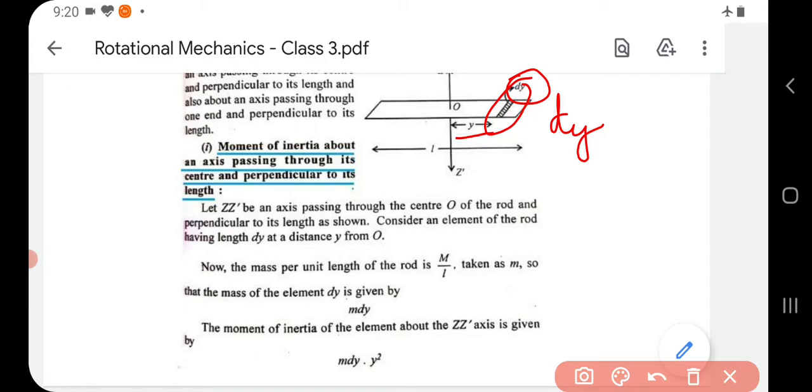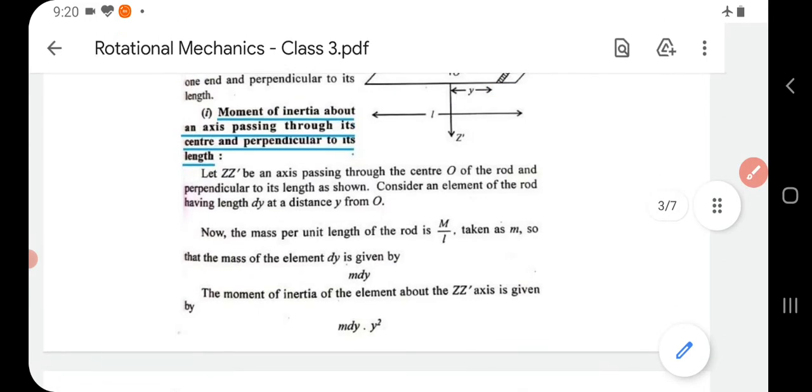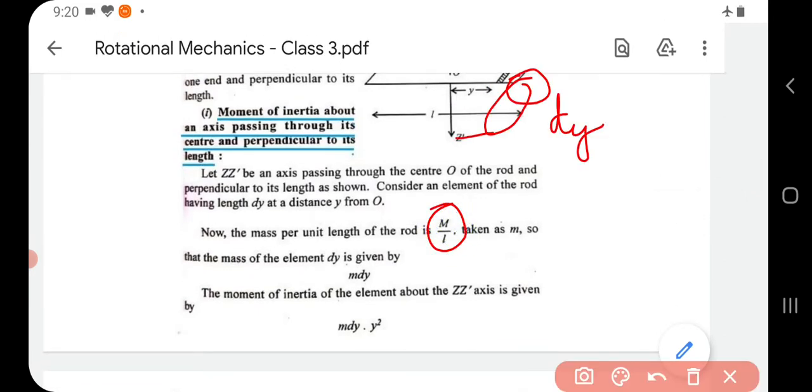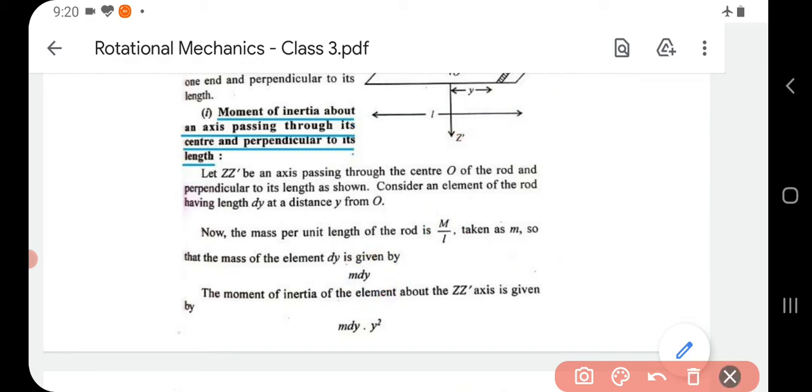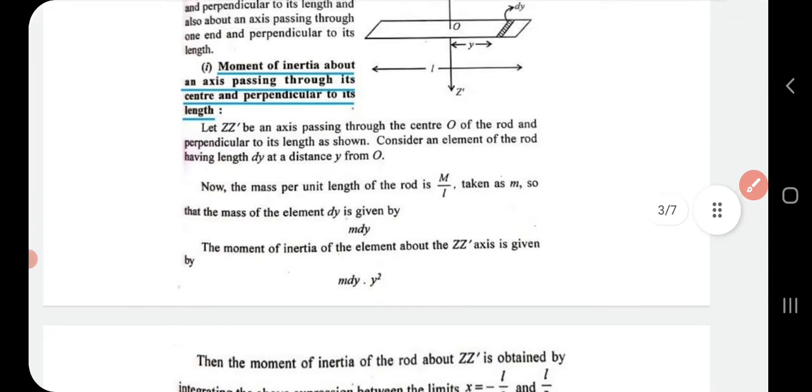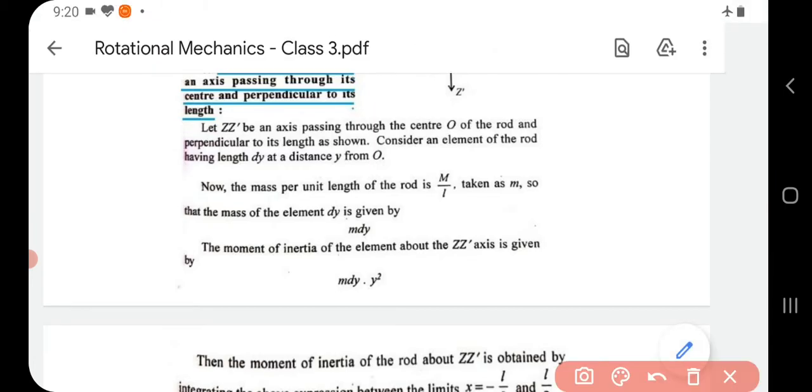Now the mass per unit length of the rod will be capital M by L, and that, the mass per unit length, is denoted by small letter m. So the mass of the element dy that we have considered will be equal to m dy. Now the moment of inertia of the element dy about z dash will be, what is moment of inertia?